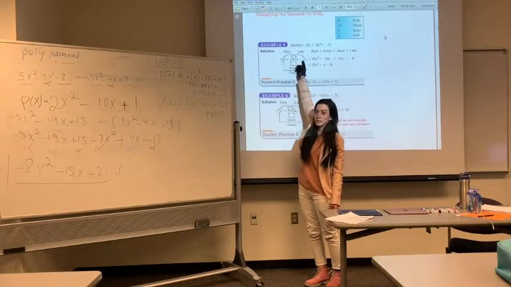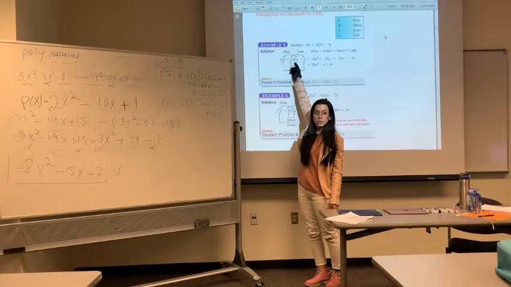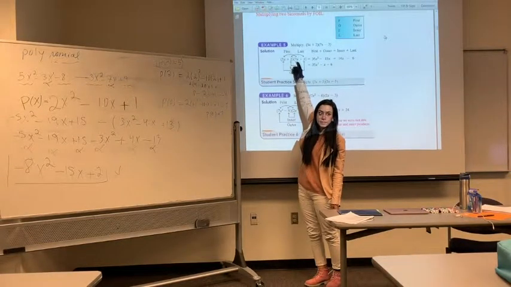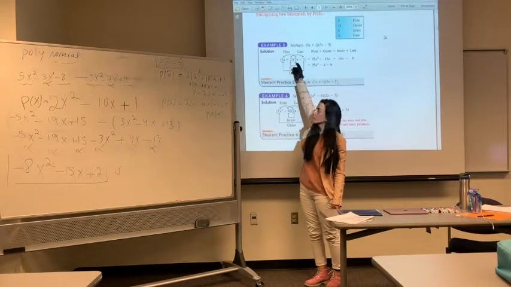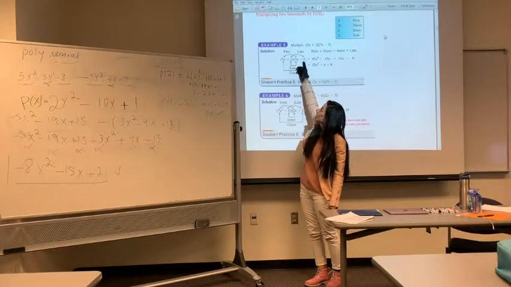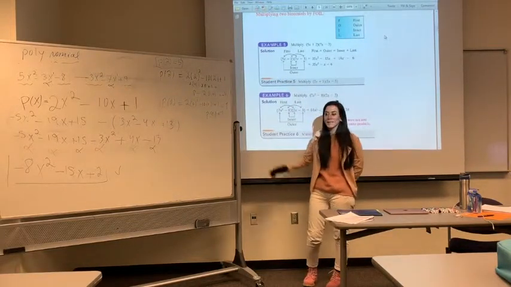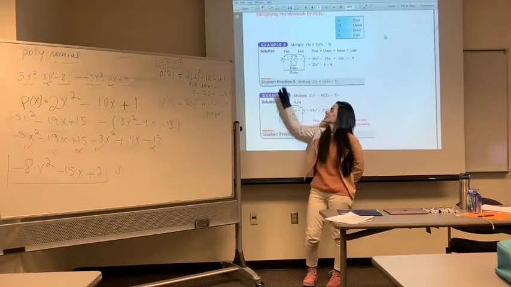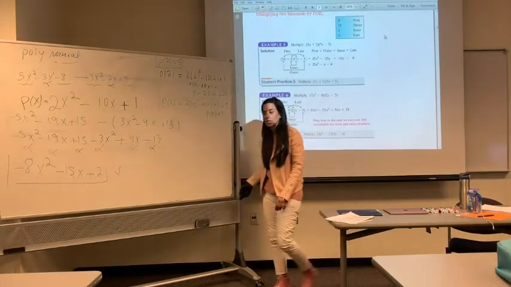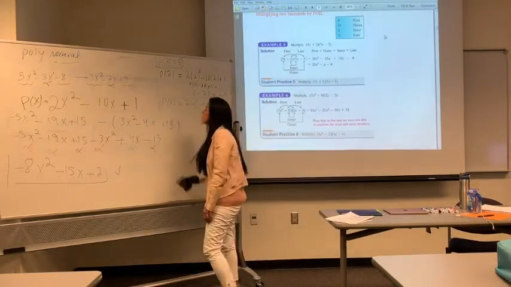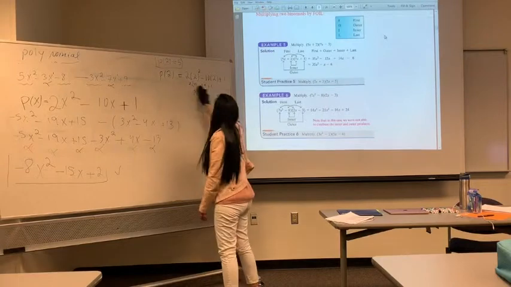And what is this parenthesis? This is 7x minus 3. They're both binomials, right? How come that one was binomial and then this one is, wait.